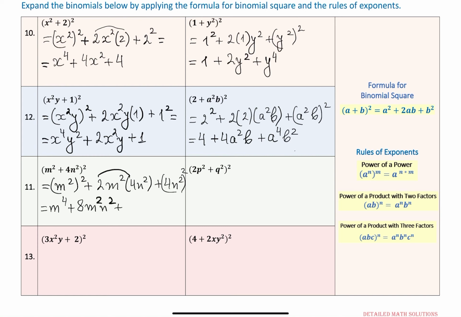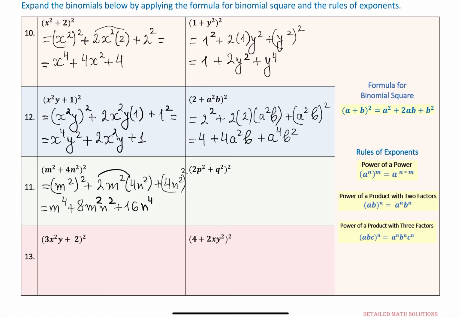Plus then we can again distribute the exponent. It becomes 4² or 16, and then (n²)² is n⁴.